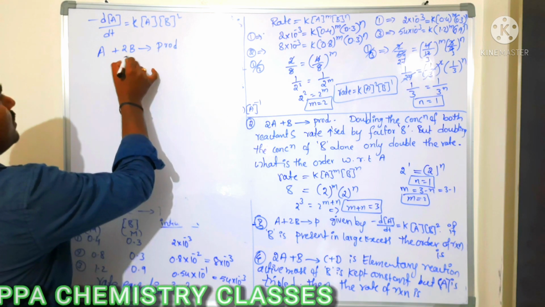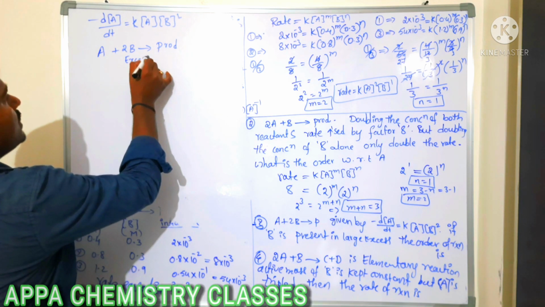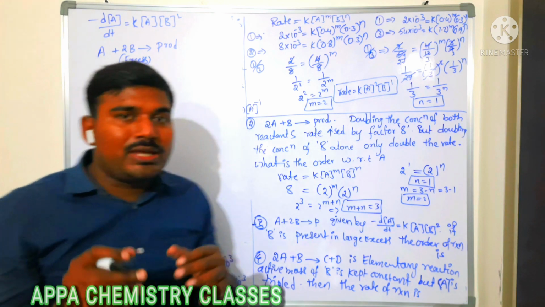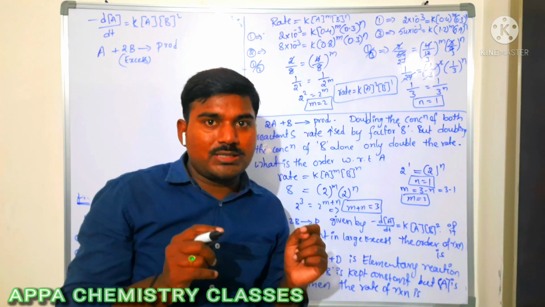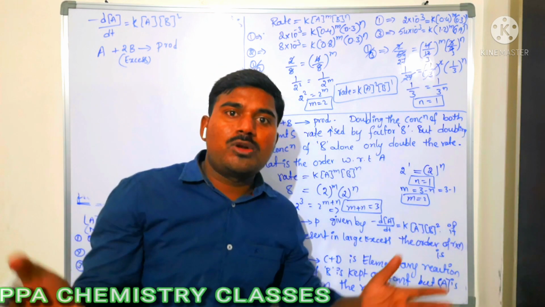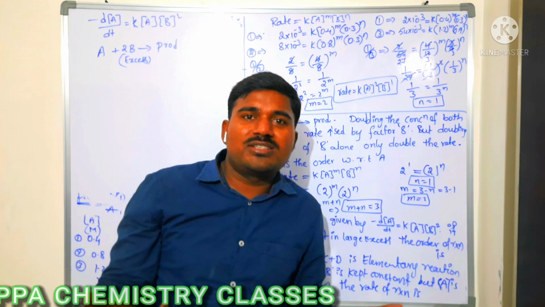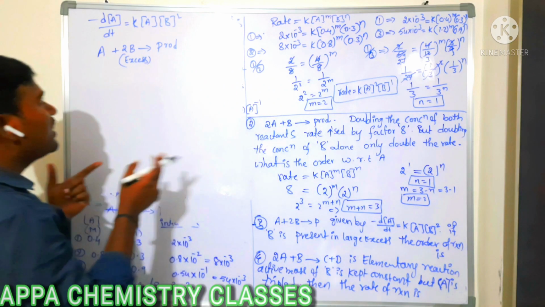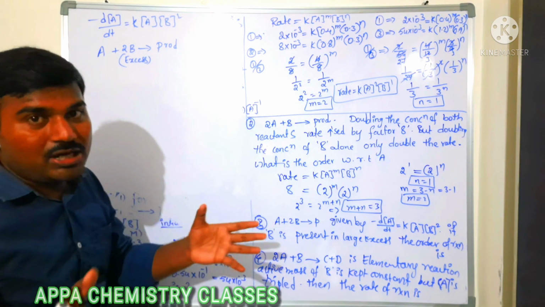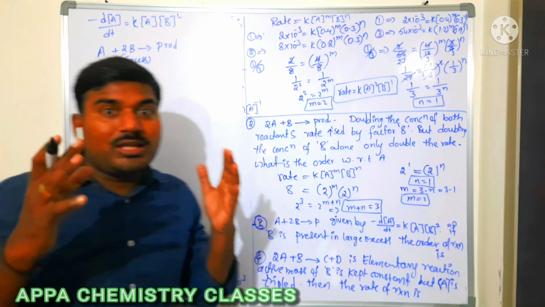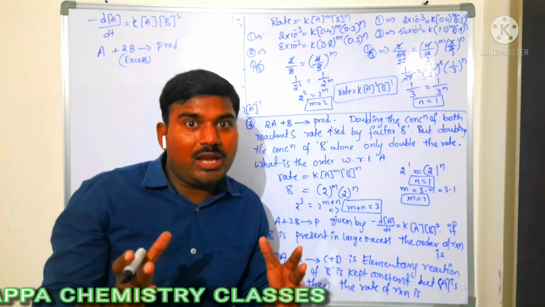What they are saying, this reactant is present in large excess. So whenever the excess reactant is there, only one reactant is in excess, they are saying. Do we get a large amount of product? No, we won't get a large amount of product. So in the chemical reaction, what happens? Both the reactants should be present in equal ratio. They will react in their mole ratio and in their equivalent ratio.